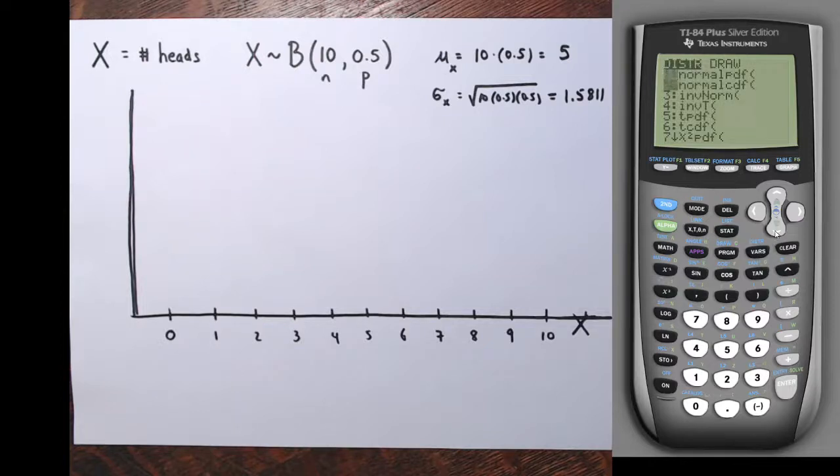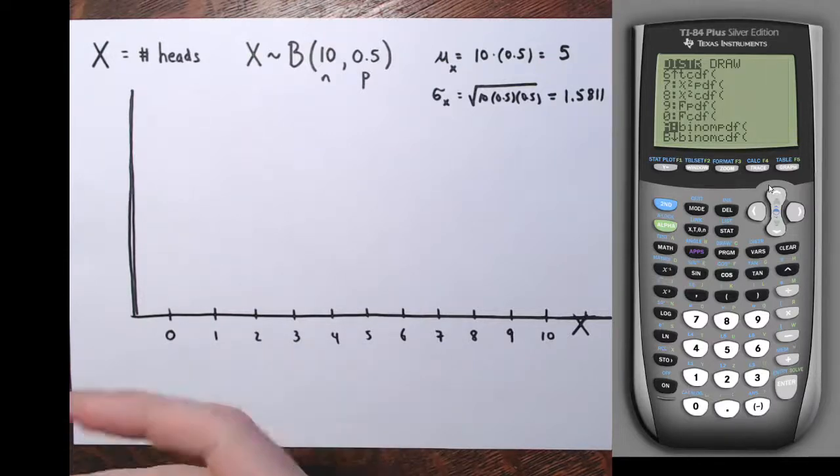I go to second, distribution, and then down to A, which was binom. There was binomPDF and binomCDF. I want to find the probability of getting exactly 0 heads, exactly 1 head, exactly 2 heads. If you want the probability of getting exactly a certain number of heads, that was binomPDF.